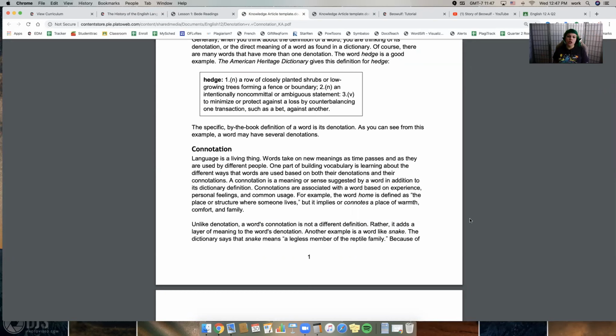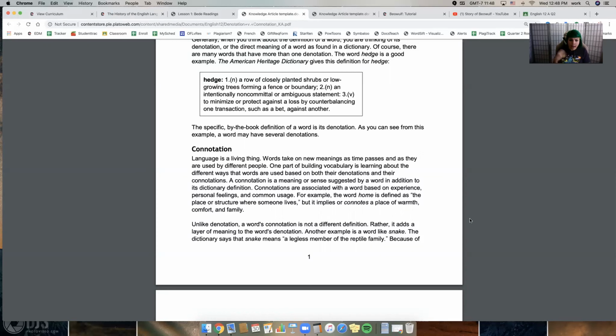expectations to certain words. So, like, there's a difference between calling someone, well, the one that I often use is like homeless person versus bum. You get a different kind of idea in your head when one is said versus the other.